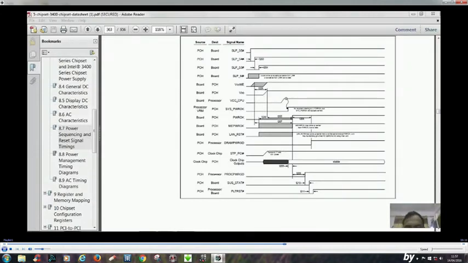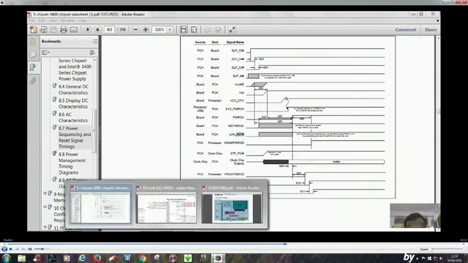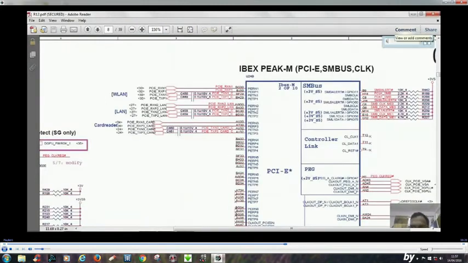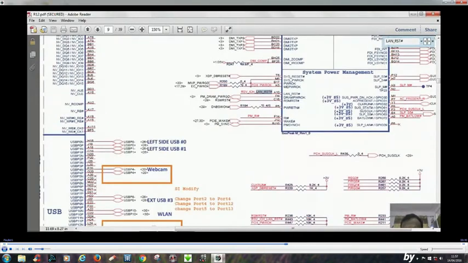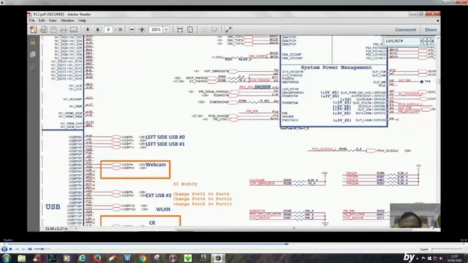Now let's check the next signal, which is LAN_RST. So we'll just copy this and put it over here, LAN reset. You can see this LAN reset is getting connected over here. I think the LAN part is not used in this schematic, and that's why it is going to be grounded.